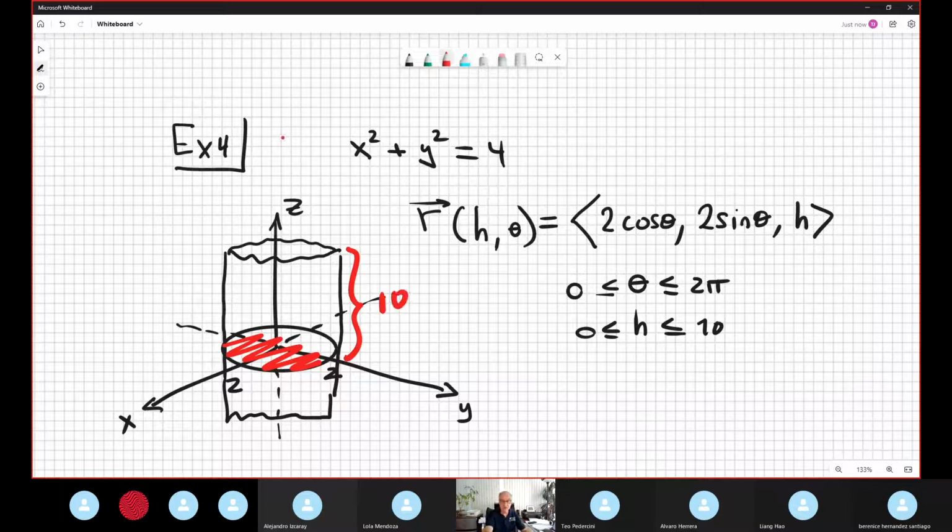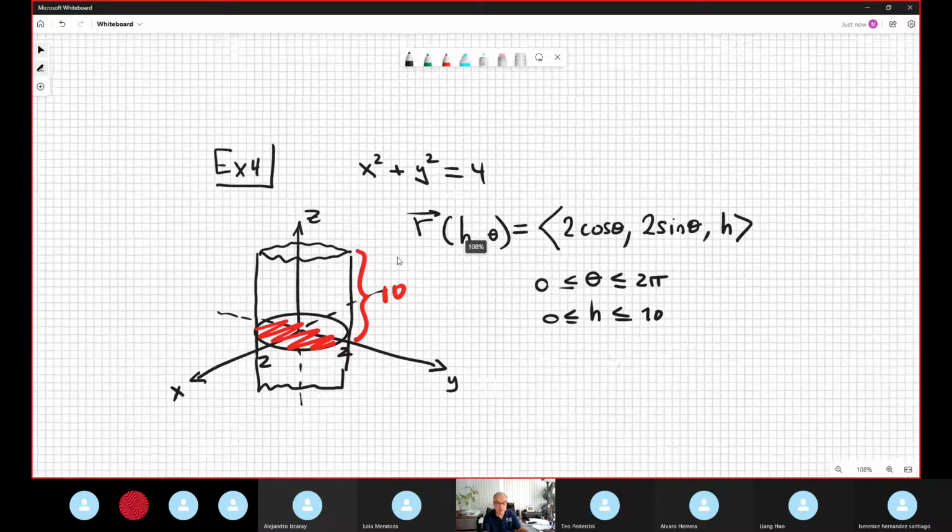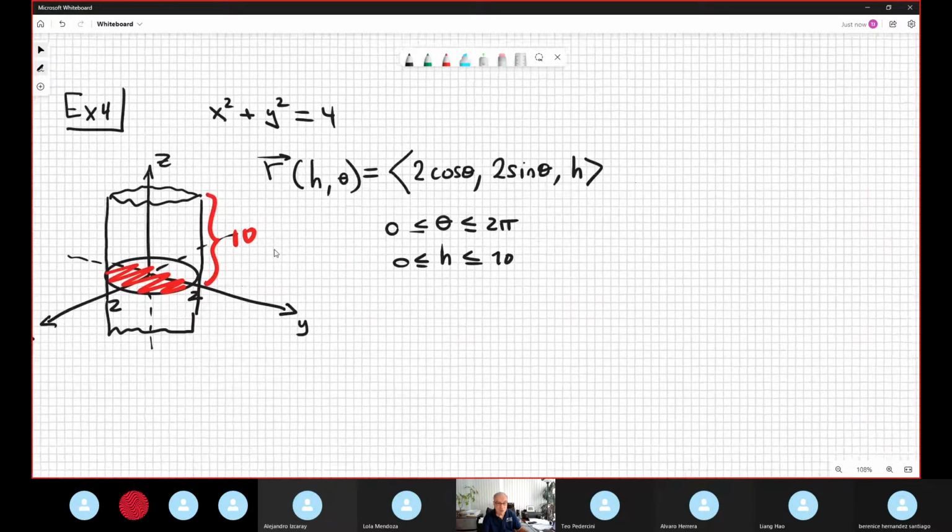Make sense? So in the language of GeoGebra, you use the function Surface. Inside the surface, we have different expressions. The first expression is, for example, 2 cosine theta.